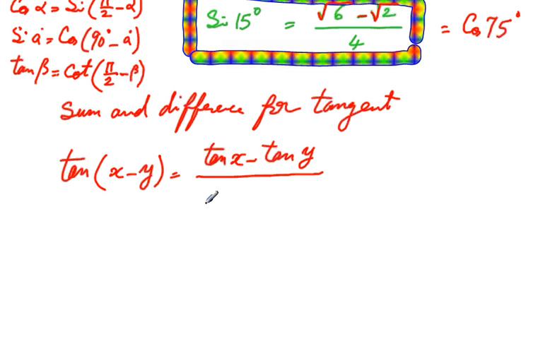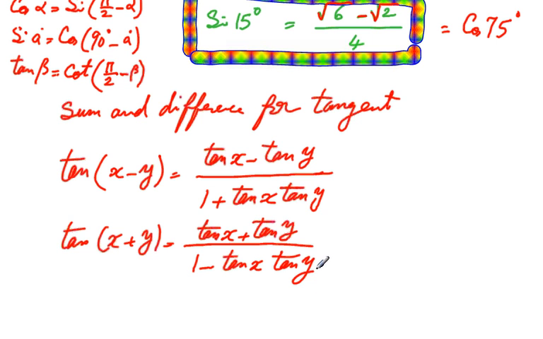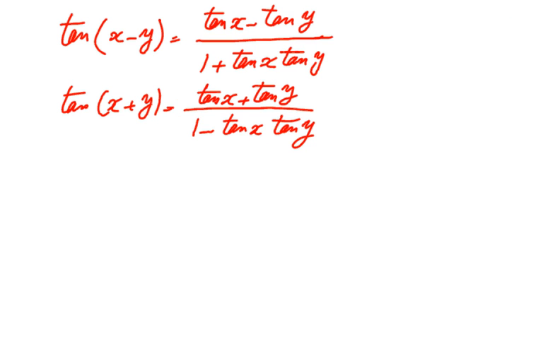And again, next time I'm going to show the reasoning for this. It is over 1 plus tangent of x tangent of y. And similarly, tangent of x plus y is tangent of x plus tangent of y over 1 minus tangent of x tangent of y.